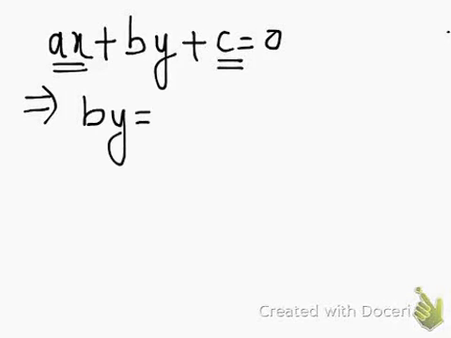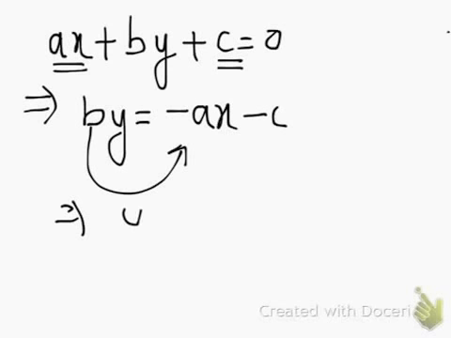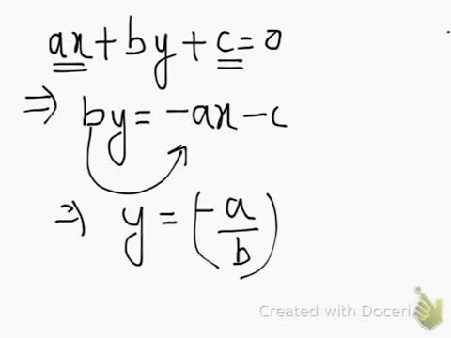I take these two terms to the right hand side and write by equal to minus ax minus c. Then I take the b downwards and I get y is equal to minus a by b into x plus minus c by b.